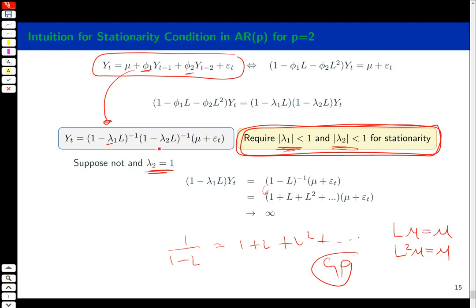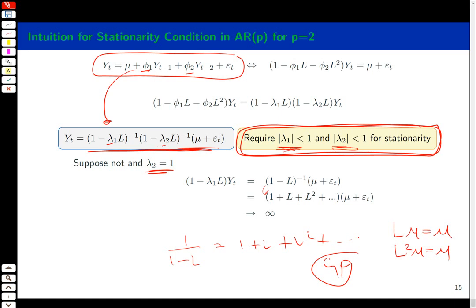So all we've done is divide both sides by 1 minus lambda 1 L and 1 minus lambda 2 L. And remember, we can do this division because L behaves like a polynomial, so we can divide both sides as if it was a polynomial. So we've just rewritten y t. This here is the AR2 re-expressed.